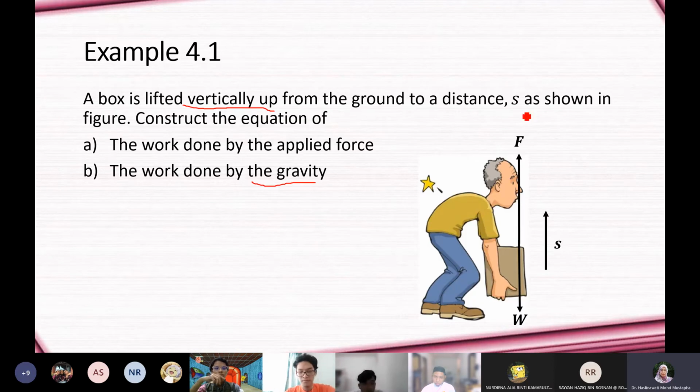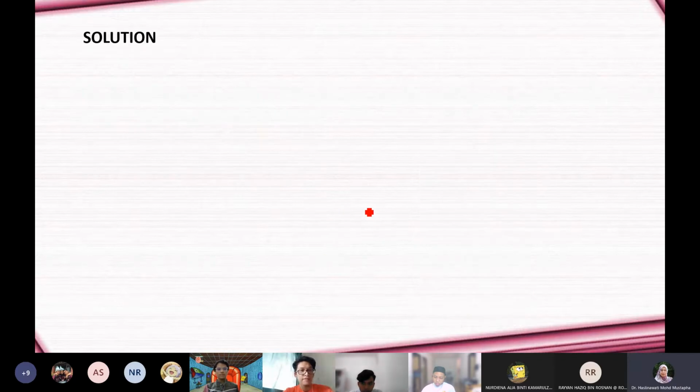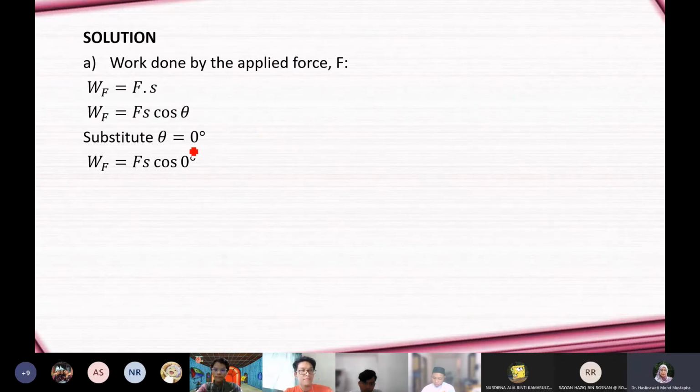Cuba tengok angle antara force ke atas, S pun ke atas. What is the angle between F dengan S? 0. Ada angle ke tak? Tak ada kan? Sebab itulah kita substitute kosong untuk angle di sini.